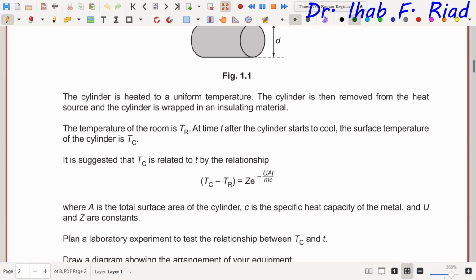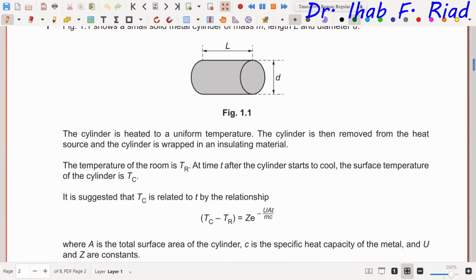The cylinder is then removed from the heat source, and the cylinder is wrapped in an insulating material. So we are heating this cylinder in an oven or something similar. Then as it reaches some temperature, we take it out. We put it on an insulating material.